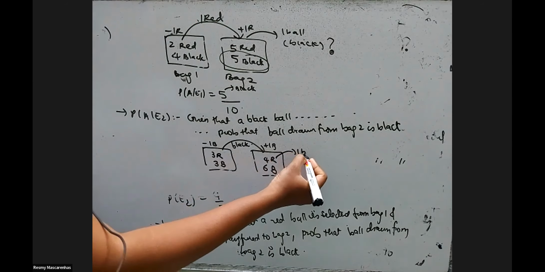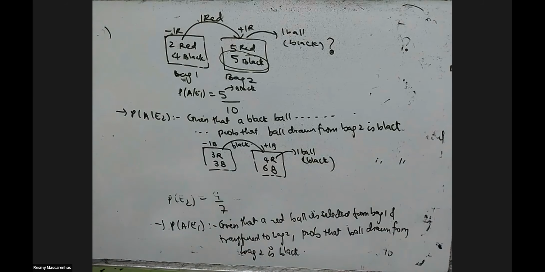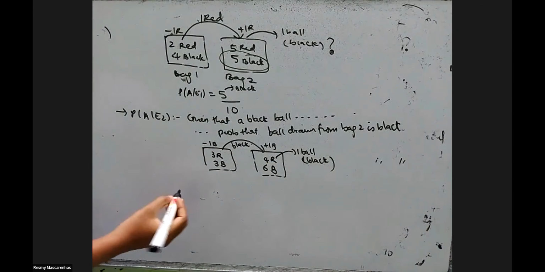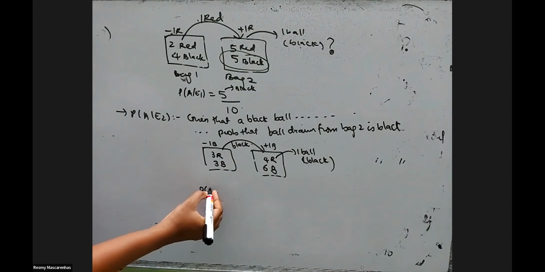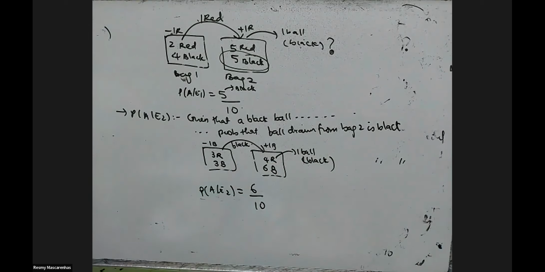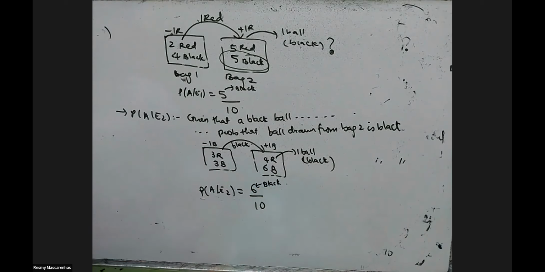The ball transferred should be black only. So what are the chances when you go to pick up black? How many options you have? Six out of 10. Because the question asked is black. If they had asked red, then it would be 4 out of 10.